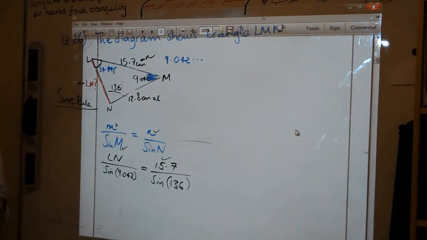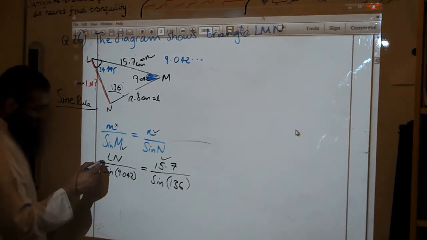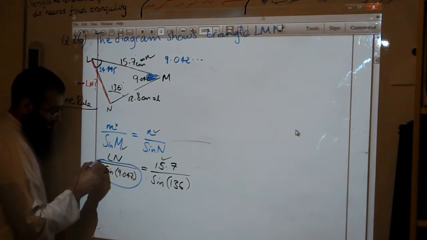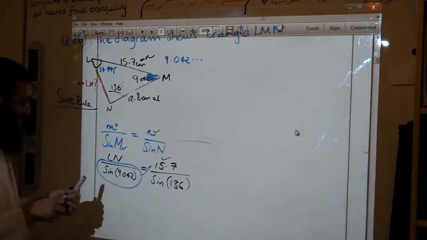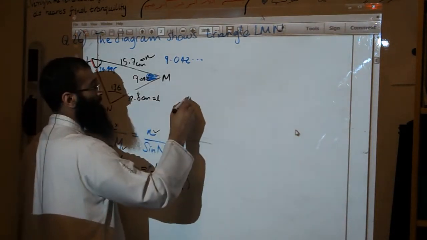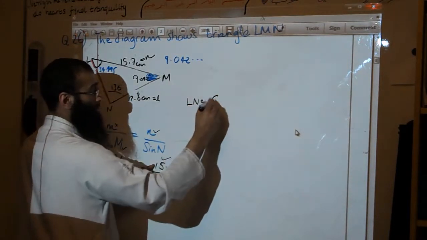Okay, here we go. Now, we're going to work out ln. How do I do this? Opposite of ln divided by this is? Times. So this part goes to the top over here.